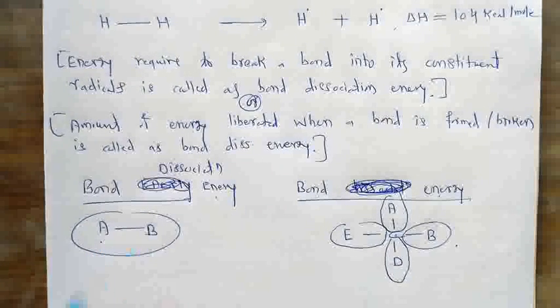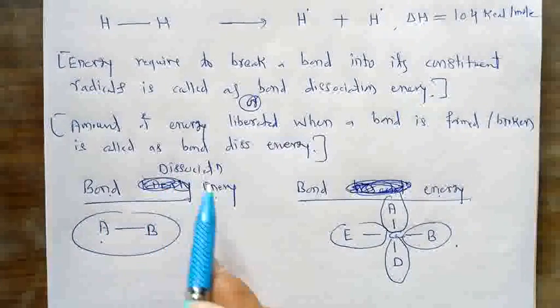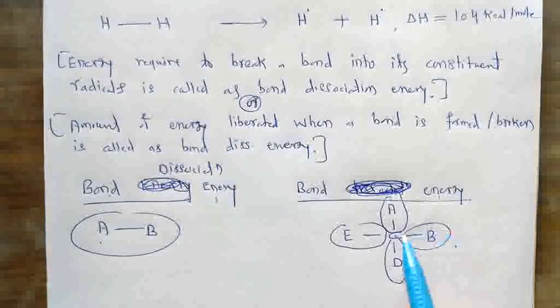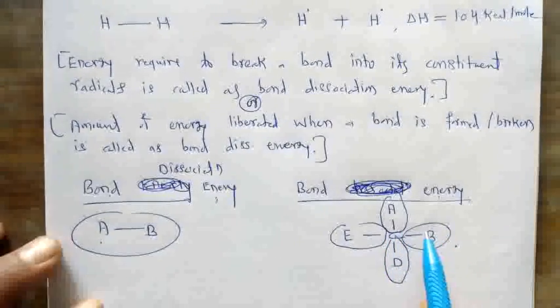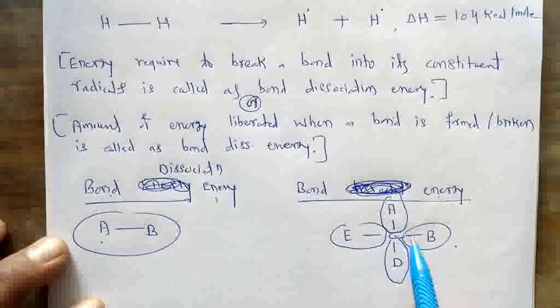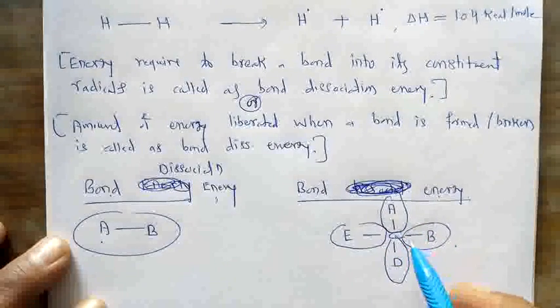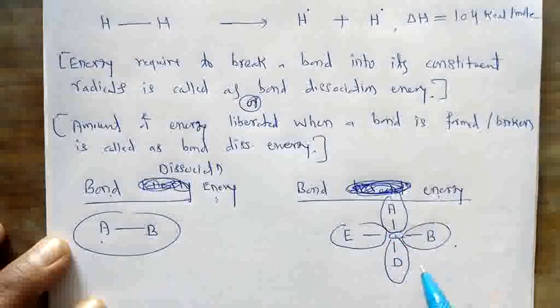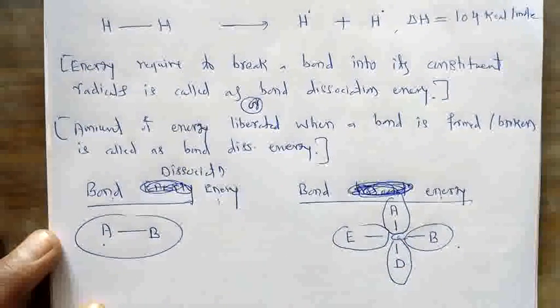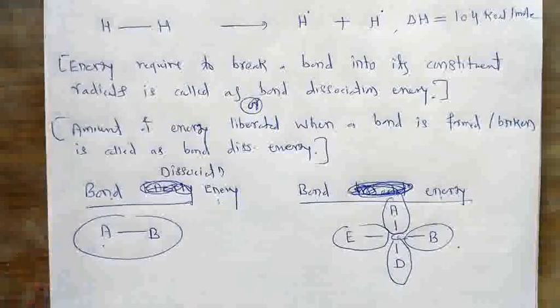When only one bond is there, the energy for that single individual bond is called the bond dissociation energy. But when a molecule has more than one chemical bond, if you take an average of the bond dissociation energies of all the bonds, that is called the bond energy of the molecule.